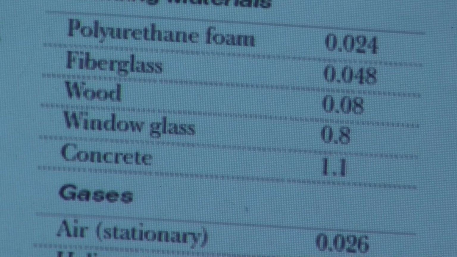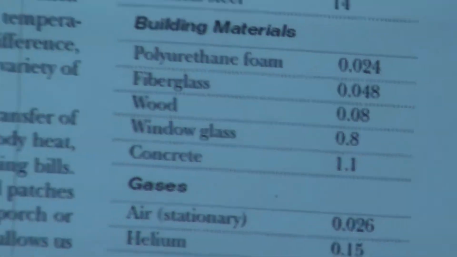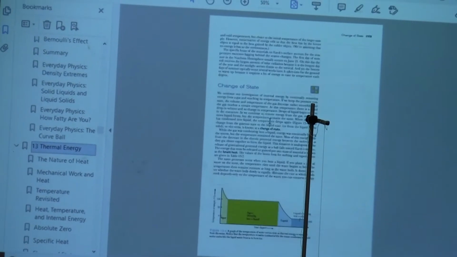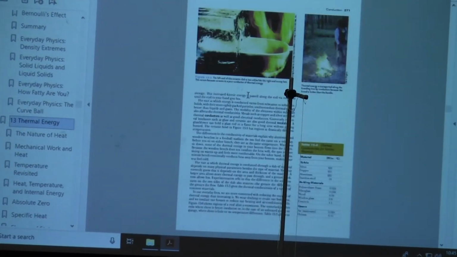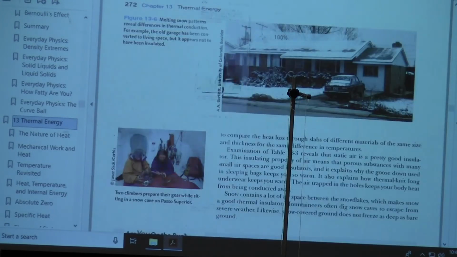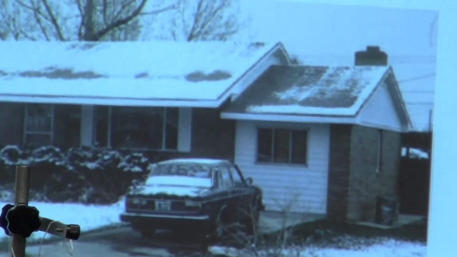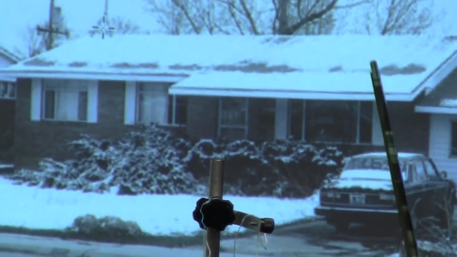So keep that one in mind, because your author then shows you a really neat picture of a home in wintertime with some snow. And so I guess for those of us here in Santa Barbara, we have to kind of imagine what snow is again. But look carefully at this house, particularly at the snow on the roof and the conduction of it.